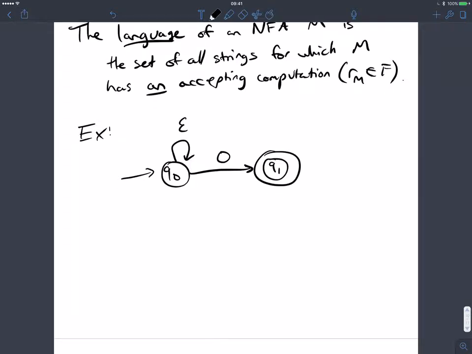But let me ask you a question. How many computations are there on 0? Infinite. How do you know? I can take that epsilon transition as many times as I like. So the answer is infinite.